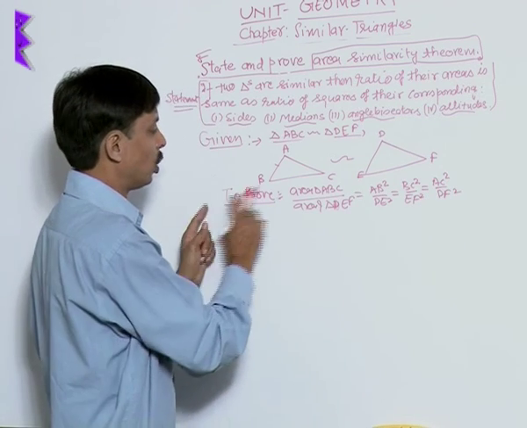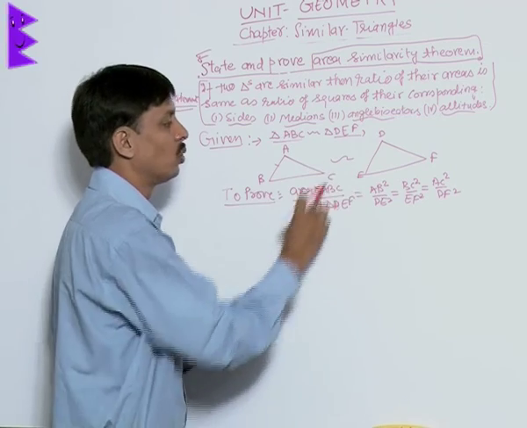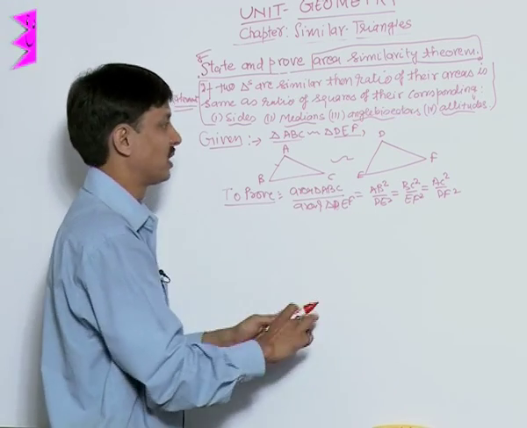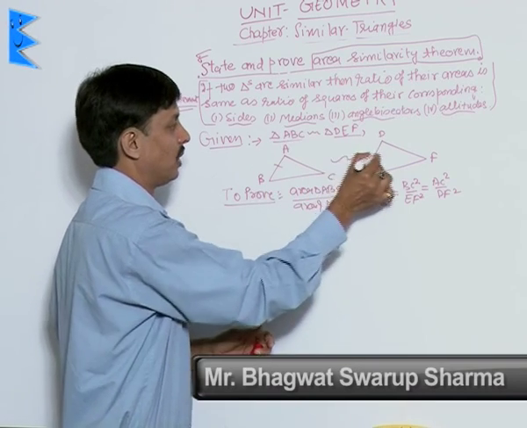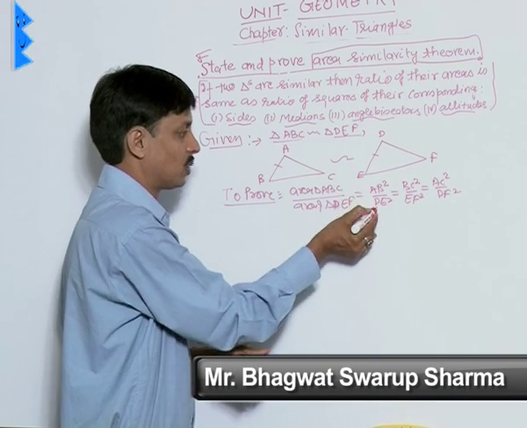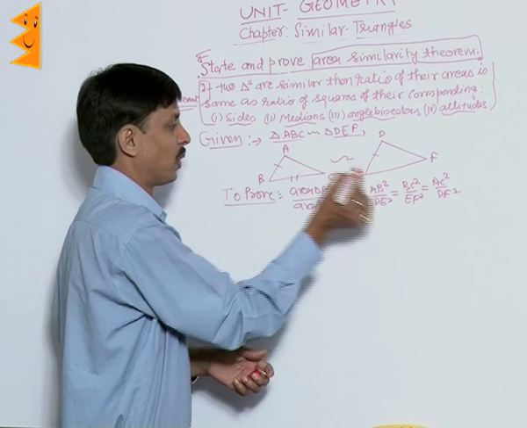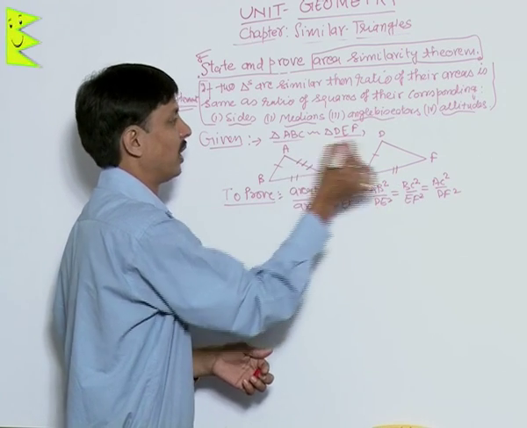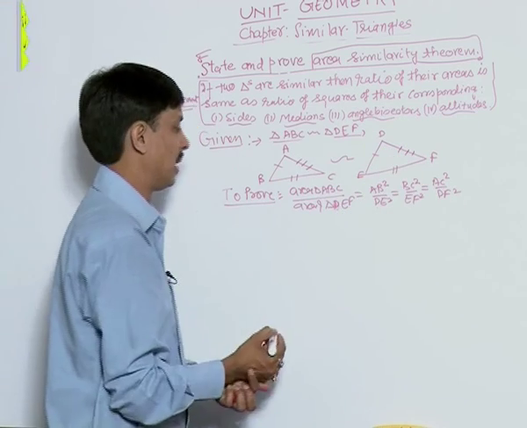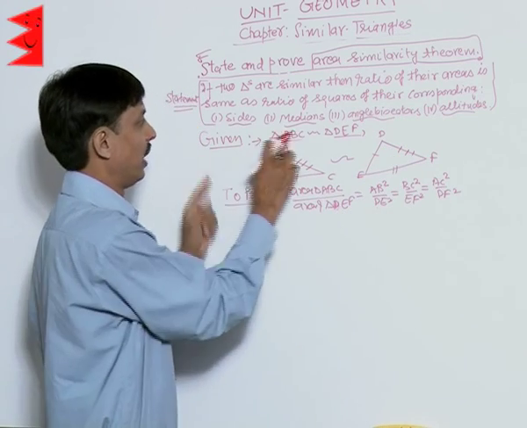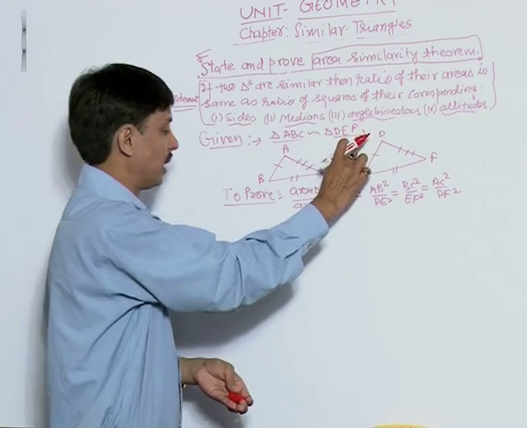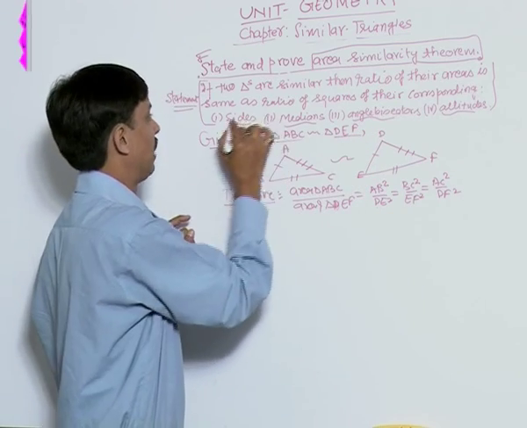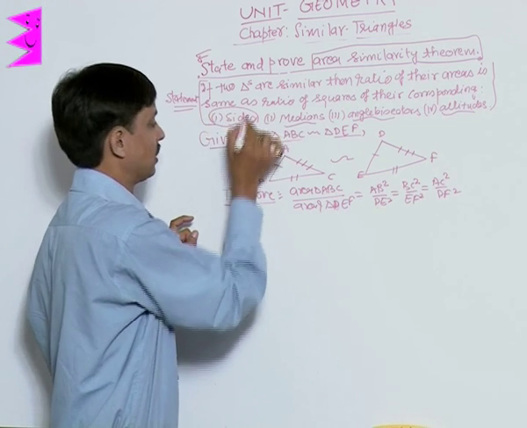That is, to prove that the ratio of areas of the two similar triangles is the same as the ratio of squares of corresponding sides. The side corresponding to AB is DE, their squares are AB square upon DE square. The side corresponding to BC is EF, and the side corresponding to AC is DF, as I have mentioned here. So what is given? Triangle ABC is similar to triangle DEF. What we need to prove is this. This means the first part, the proof for the sides.